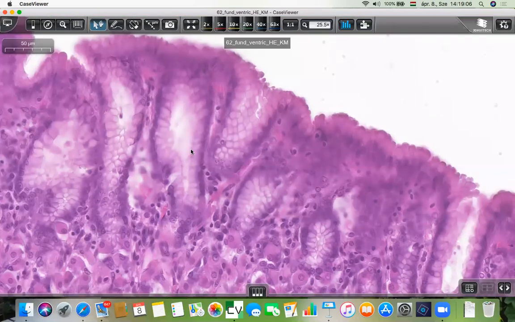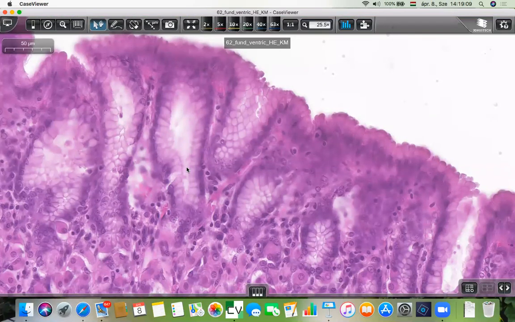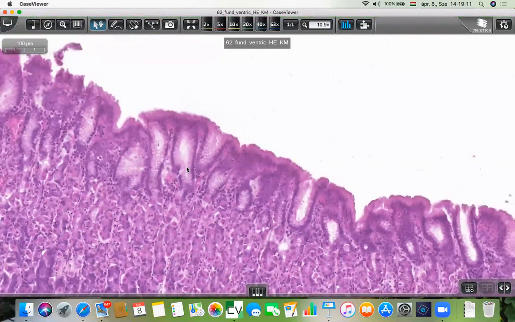These are simple columnar cells, and this columnar surface regularly shows funnel-shaped invaginations called gastric pits. These are the entrances of the gastric glands. So these are the gastric pits, lined by simple columnar epithelium as well.